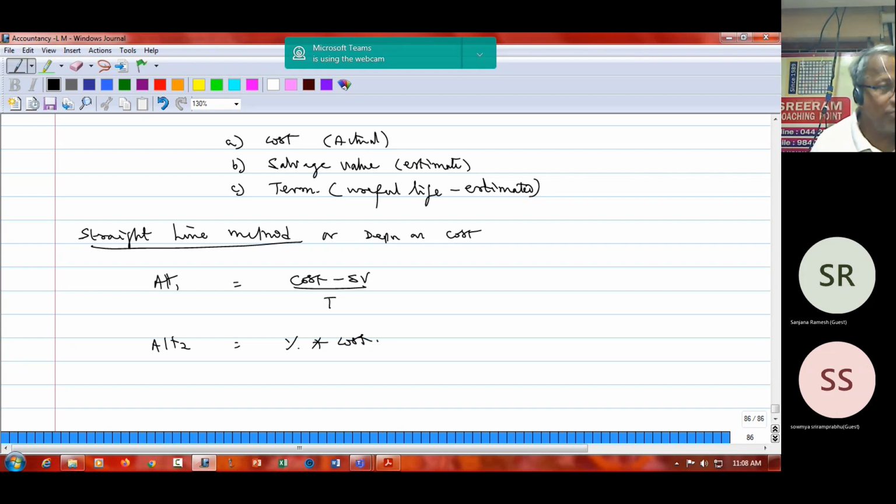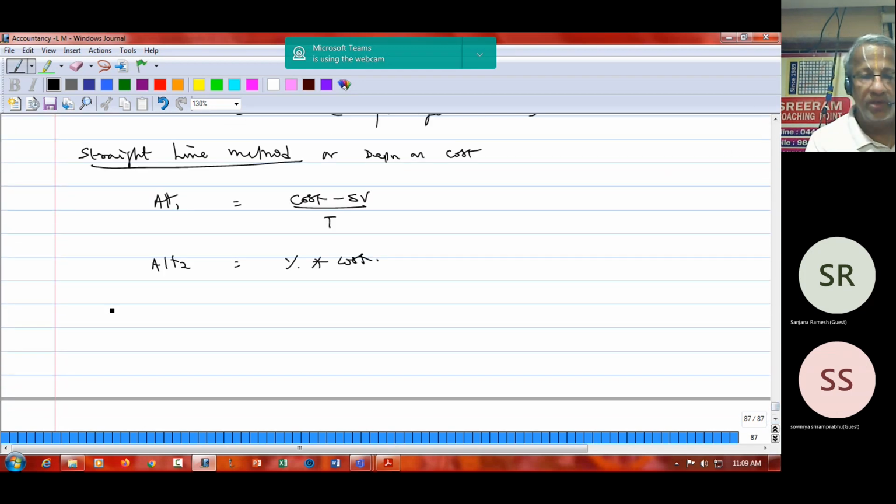If I use it for my own purposes, it will be longer. So therefore, an asset by itself does not have a depreciation rate associated with it. It is all with the user; the depreciation rate will change. That is the reason why we say salvage value and term are always estimated, cost is always actual. So why we have different methods is the background I am telling you.